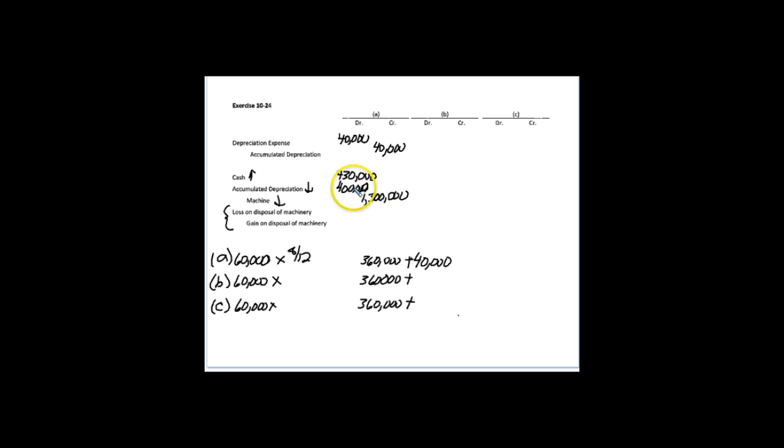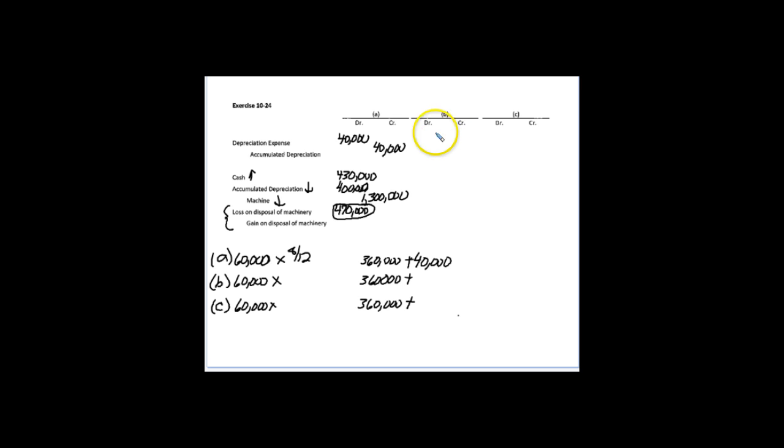I can compare book value to cash, and that will give me the gain or loss. Another way is just add up your debits and subtract that from your credits. We need a debit to balance. If we need a debit, that's a loss, and that would be $470,000. So we plug that in and just make it balance in the journal entry.